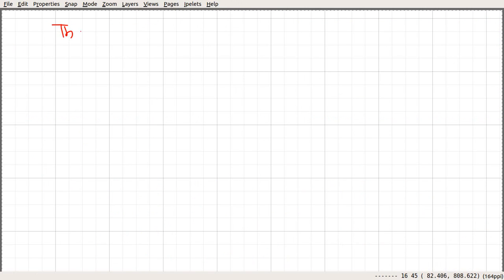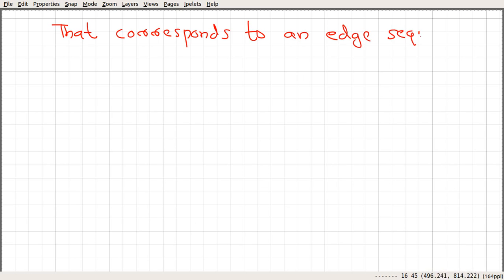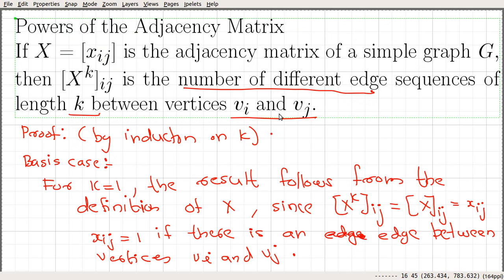And that corresponds to an edge sequence of length 1. Okay, and if this is not equal to 1, it is 0.